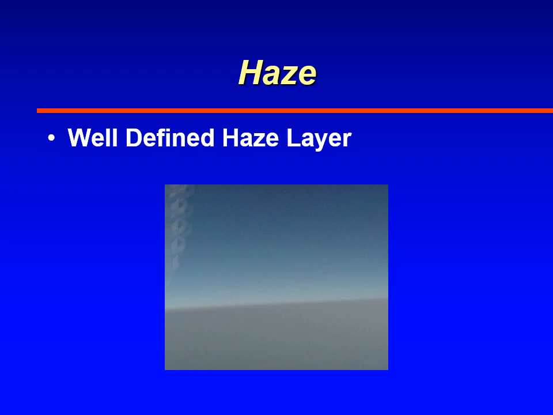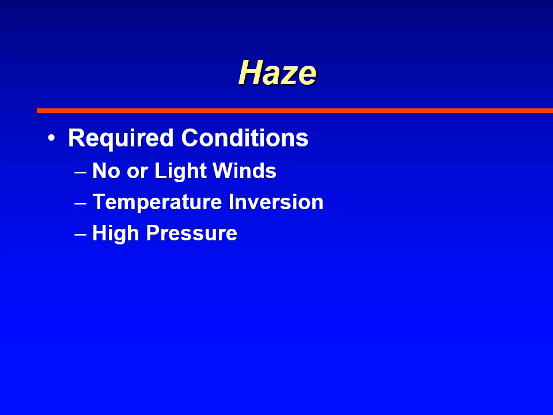And you can see the haze layer really well at altitude if you're looking for it as you climb. Required conditions for haze are typically light winds. Stronger winds tend to mix things out a little bit. A strong temperature inversion, usually implied by subsidence in a high pressure system, usually creates the worst haze conditions.